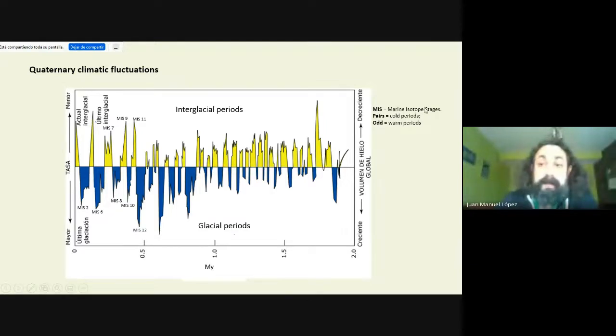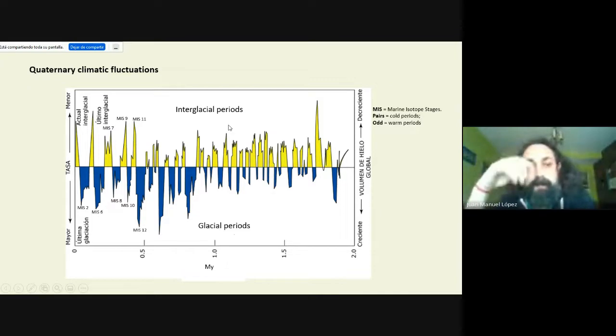MIS is marine isotopic stages. The even numbers are cold periods normally, and the odd numbers are warm periods. In general, because inside the warm periods or cold periods there are cold or warm fluctuations. This is only general.